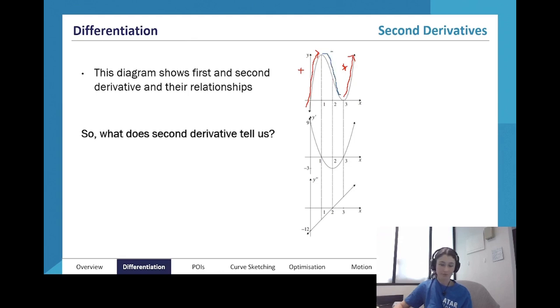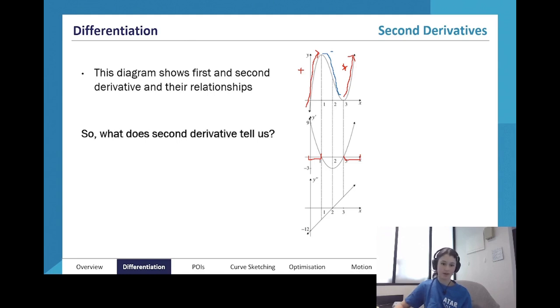So when we look at our derivative curve, the value of the derivative is actually positive in the two sections corresponding to the positive derivative. So in this section here, our derivative is positive, and in this section here, our derivative is positive.